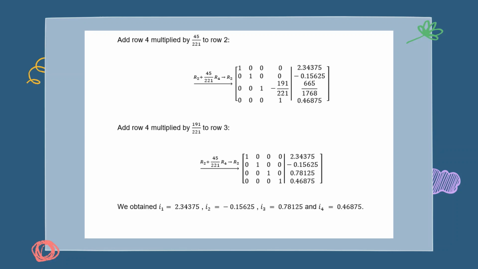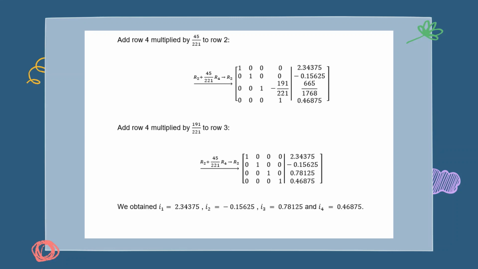And the last step for this problem is to add row 4 multiplied by 191 over 221 to row 3. Therefore, our new entries for row 3 are 0, 0, 1, 0, 0.78125. Now, we have transformed the augmented matrix into reduced row echelon form.